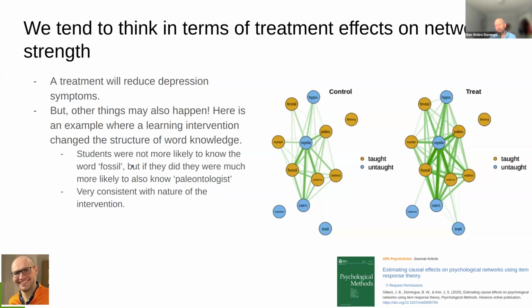But after the intervention, if they understood fossil, they were much more likely to know connected words like paleontologist. So we're not changing the overall strength of the network, we're just changing its state. This finding is very consistent with the nature of the intervention, where the whole point was building connective tissue between words, given various educational nudges embedded in the intervention.